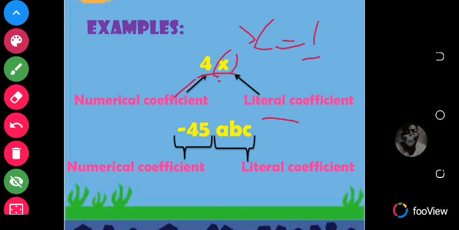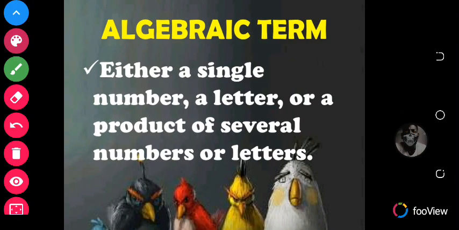So the numerical coefficient is a number beside the variable, and the literal coefficient is what can replace the number. When you look at it critically, the literal coefficient can also be called a variable.